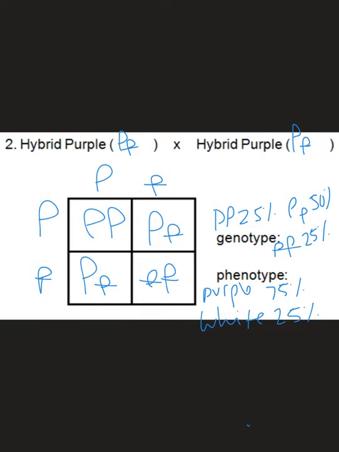Hybrid purple crossed with hybrid purple give you 25% capital P genotype, 50% capital lowercase, and then 25% lowercase, 75% purple phenotype, and 25% white.